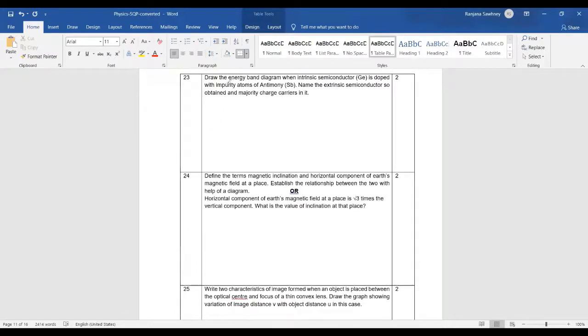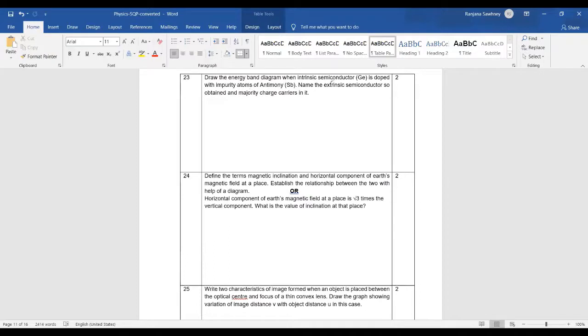Question number 23. Draw the energy band diagram when the intrinsic semiconductor germanium is doped with impurity atoms of antimony. Name the extrinsic semiconductor so obtained and the majority charge carriers in it.